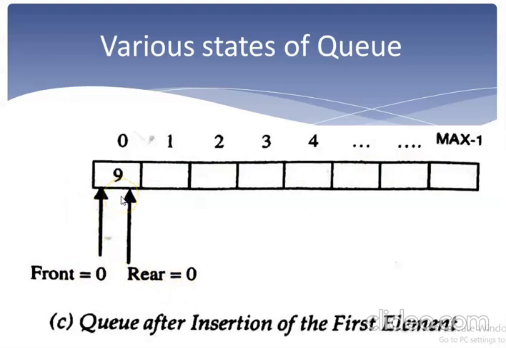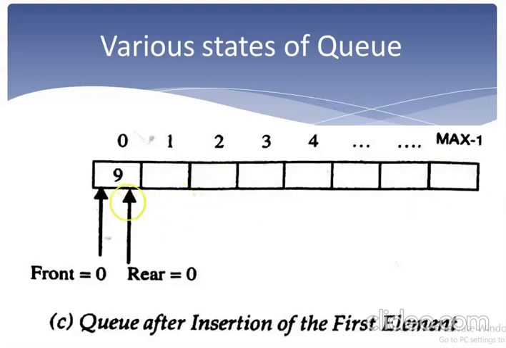Understand? So if you remove an item from here, then front will be moved to this place. If we add an element to this list, rear will be moving to this place. So when we go on adding elements one after the other, rear will be moving one step next to the previous one.